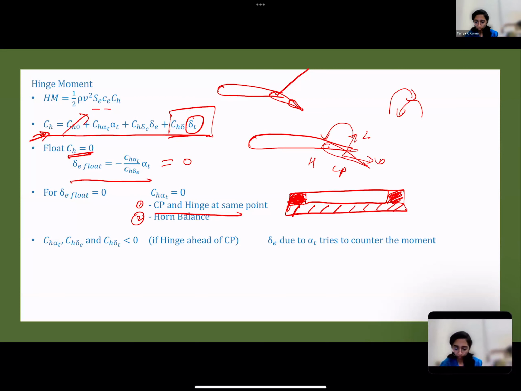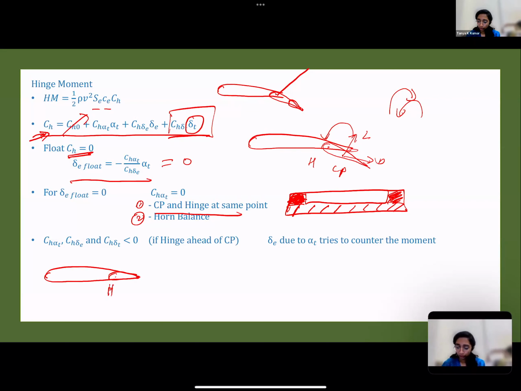Another point to note here is that CH alpha tail, CH delta E, and CH delta T are all less than 0. Why? So now you have, this is your horizontal tail. This is your elevator. Now that's your hinge point.